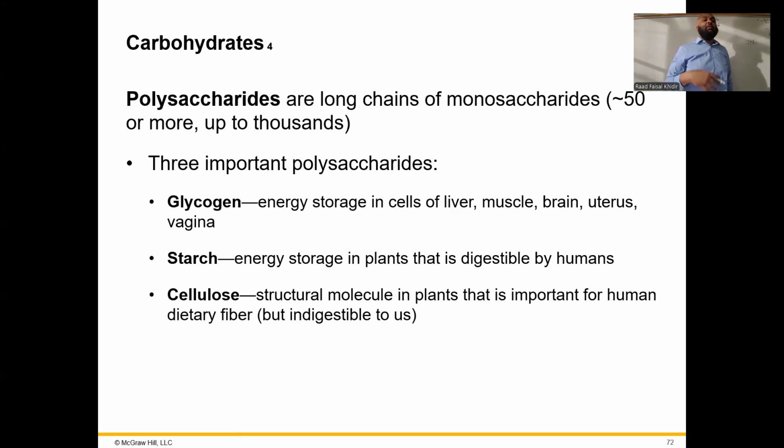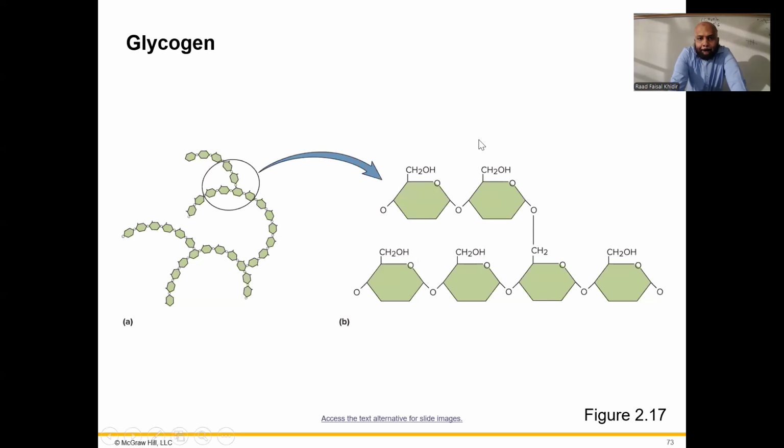So that is the plant form of glycogen, but we can digest it. Then there is cellulose, which is a structural molecule in plants, but it is indigestible. But it acts like a flush. It removes all of the bad stuff in our digestive system. So you see glycogen is like a bundle of glucoses. They're all connected together like a chain.